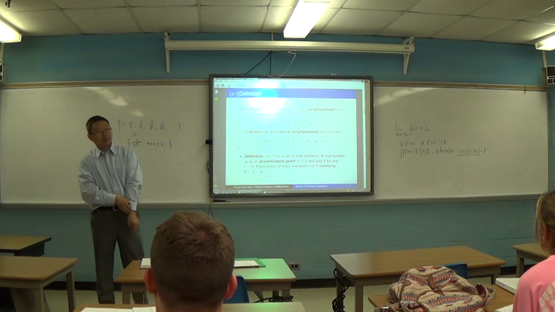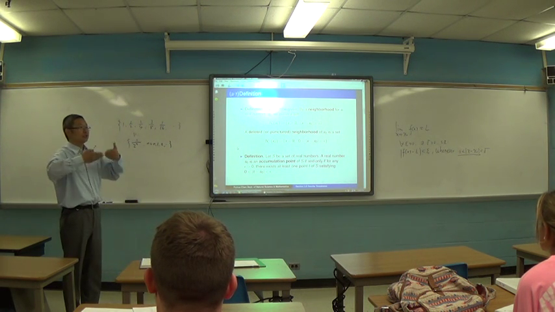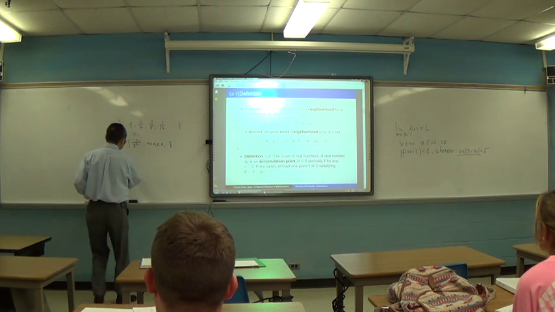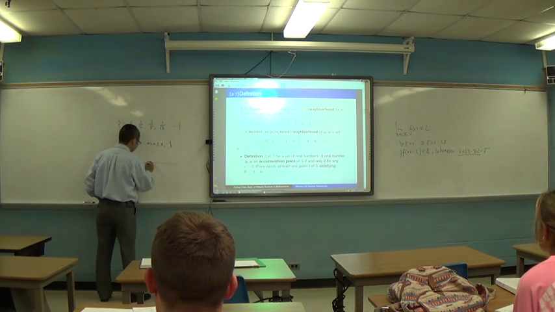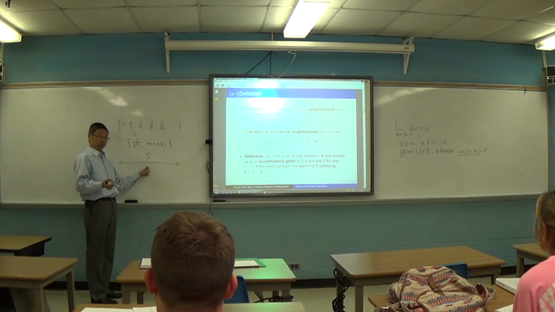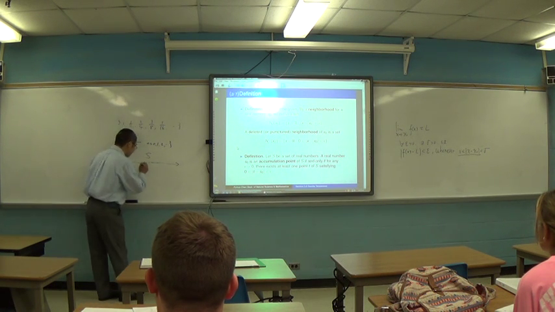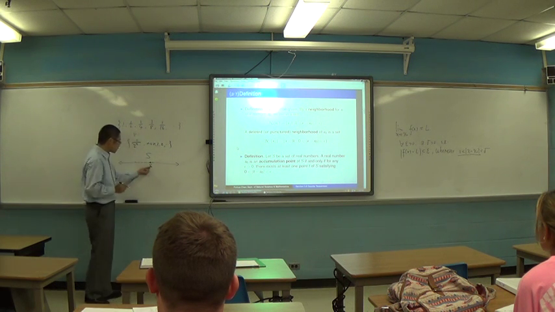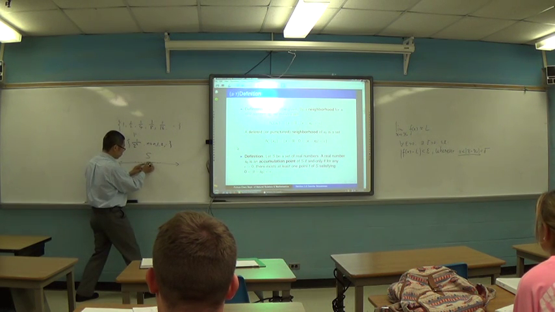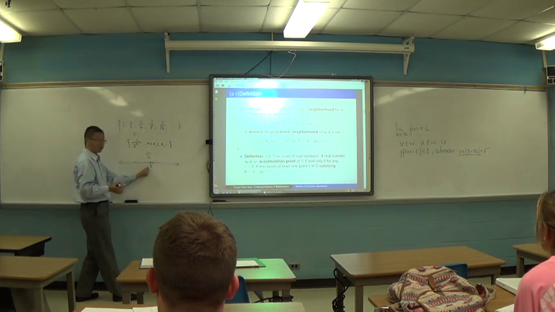Now let me try to describe the definition in another way. Okay, this is a set, right? Now we have a lot of numbers in this set. If we say this point is S0, we say S0 is an accumulation point of X, it means we draw any neighborhood of S0.